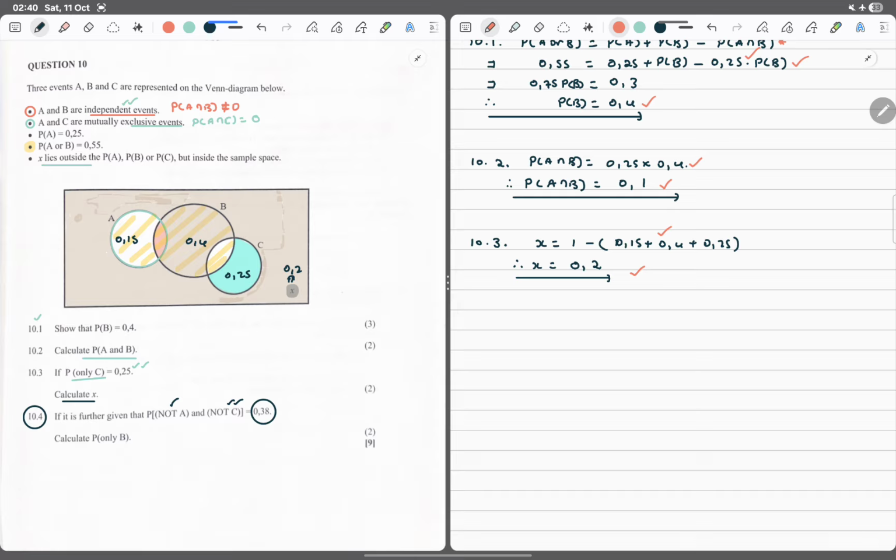So this is what this is. So all the shaded area is not A and not C. So this means it's the portion of B and the outside, basically. So we need to calculate the probability of only B. So this is easy.